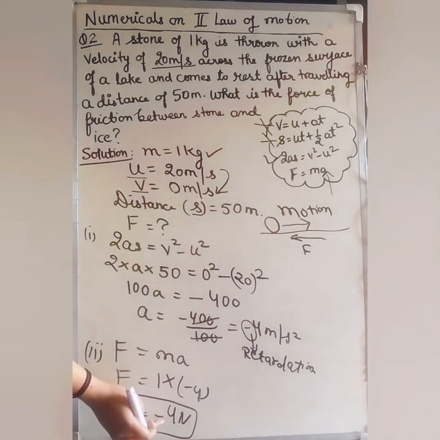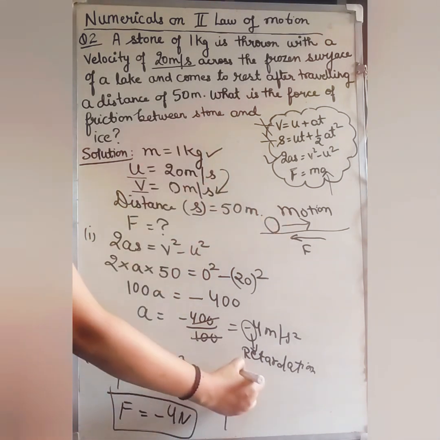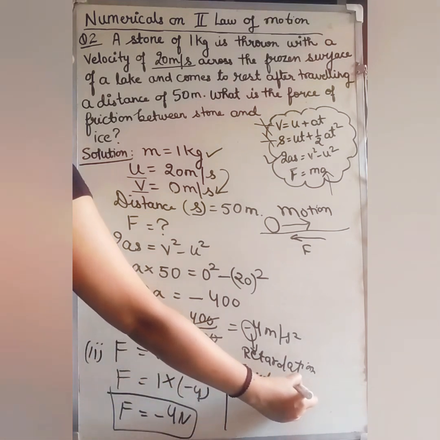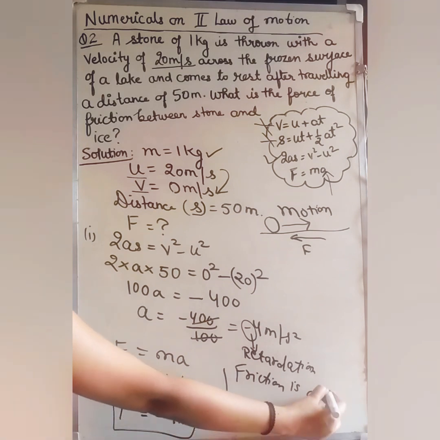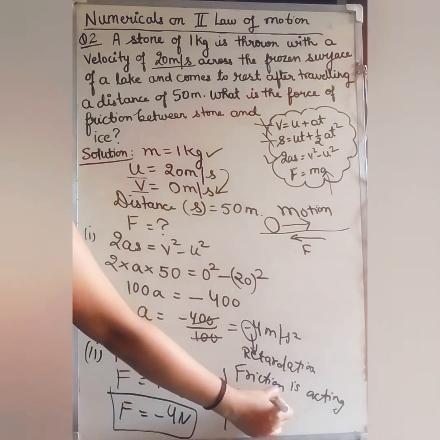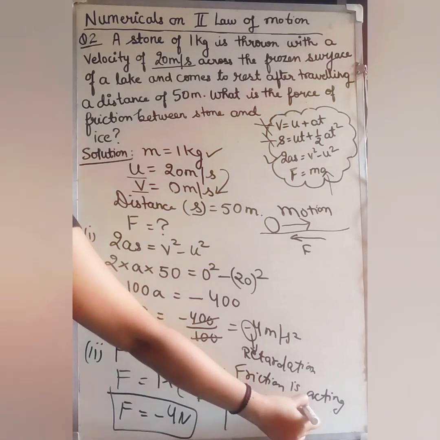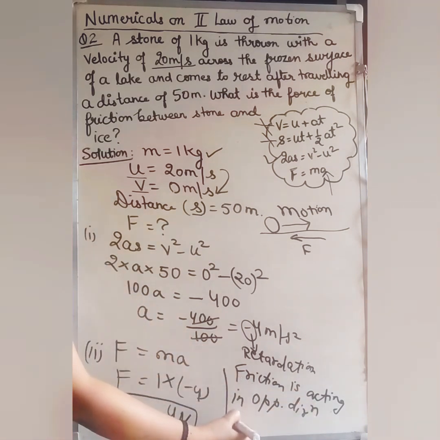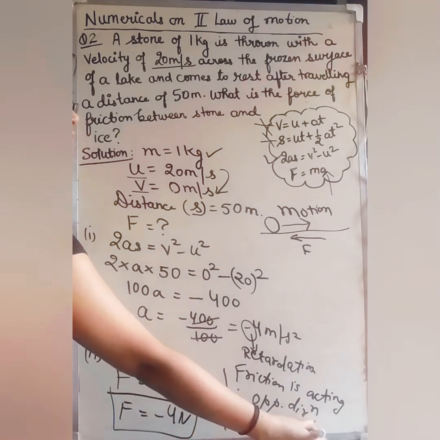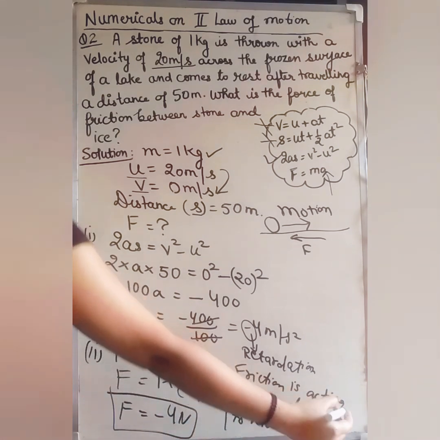So this negative sign shows that friction is acting in opposite direction to motion of stone.